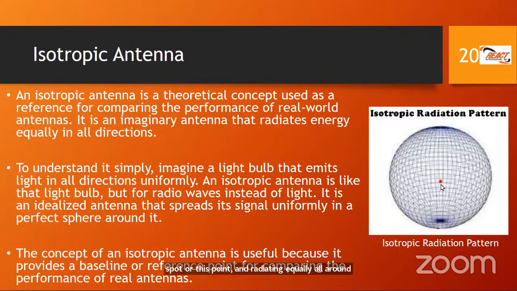Kind of like that, if you want to think about it. Well, not exactly, sometimes a light bulb will have a little shadow where it's mounted. But you get the idea that the isotropic antenna or radiator is an ideal imaginary antenna that doesn't exist, but it will radiate the signal in all directions. And that's why we use it as a reference antenna to describe other antennas.